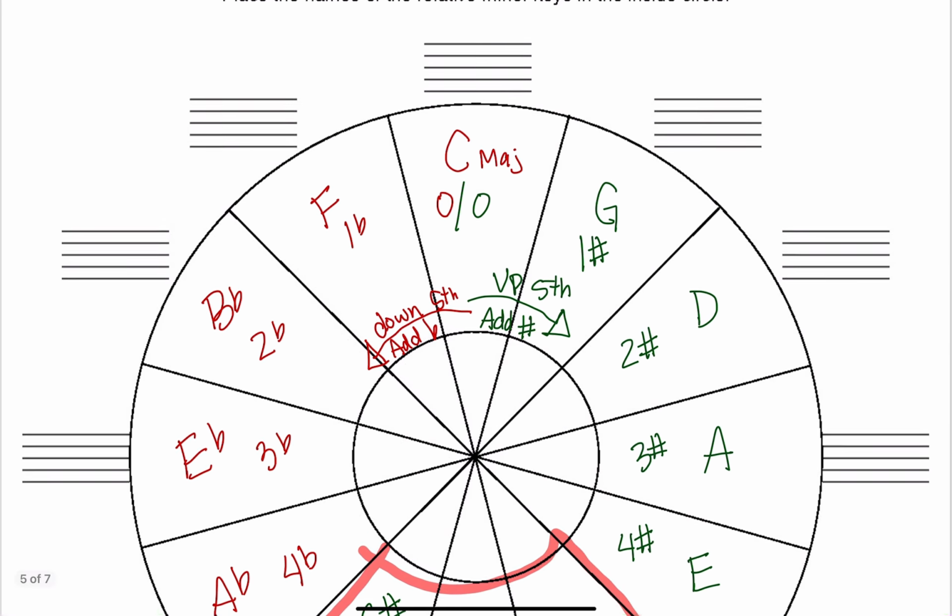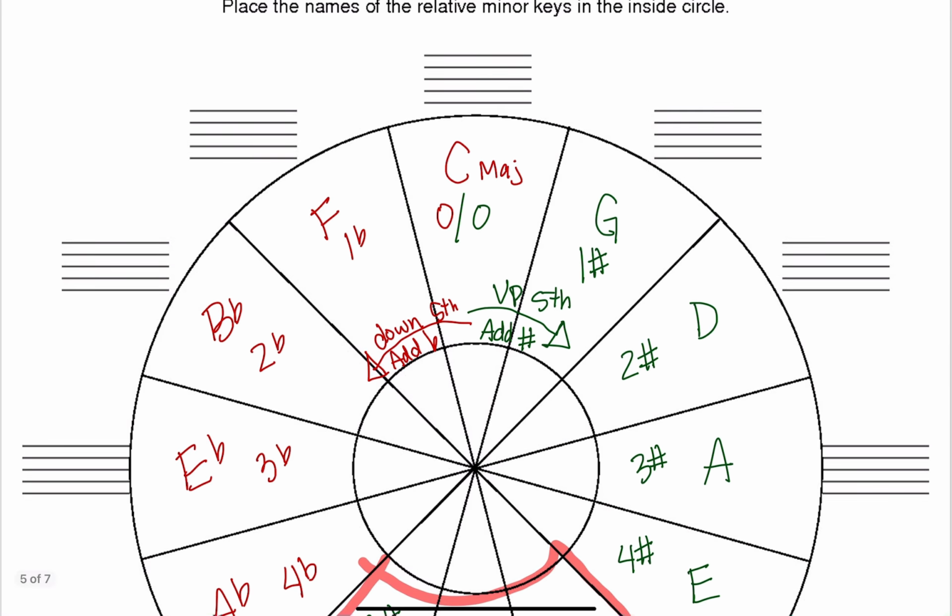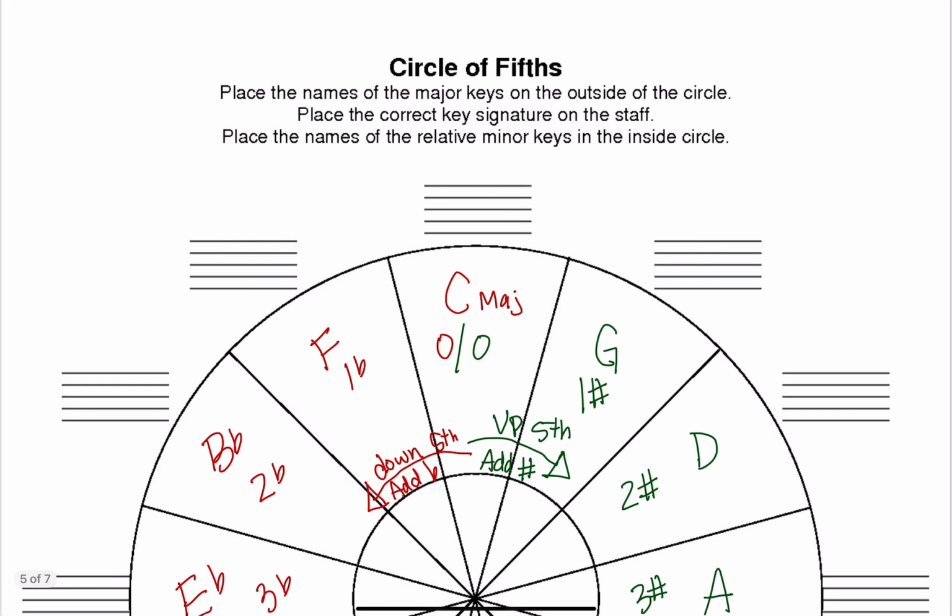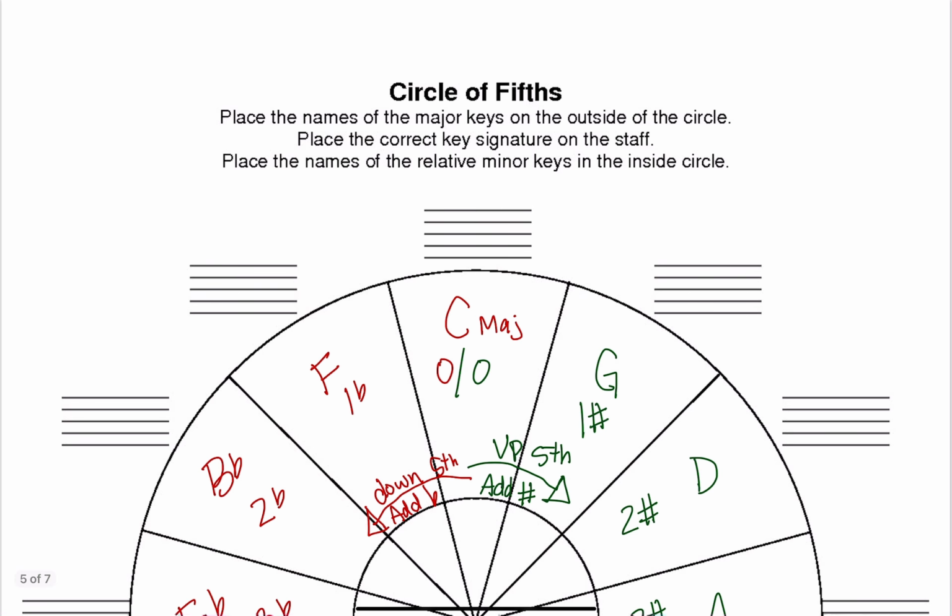Okay, now to remember which sharps and flats go in which area, I want you to write this somewhere on your paper. Maybe you write it on the back, maybe you write it at the bottom. I'm going to put mine here at the top.